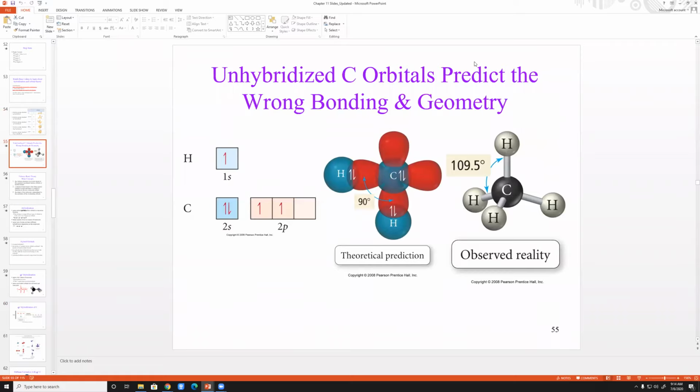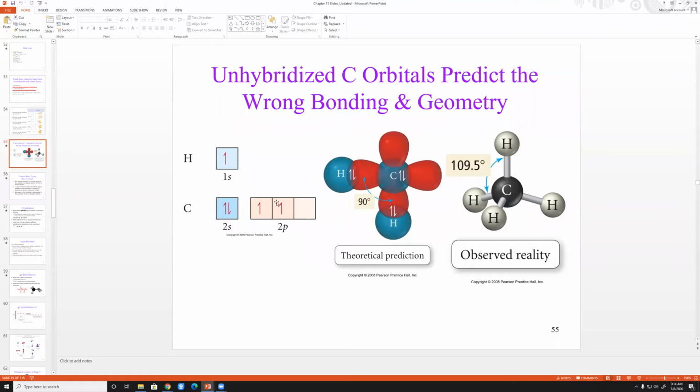So yeah, here's methane, right? You'd expect, because you have hydrogen and carbon, carbon's molecular orbital diagram, that's right here, just like we saw before, 2s2 and then 2p2. So you think, oh, it could easily accept electrons here and here. Can you see my cursor, by the way? Yeah. Okay, cool.